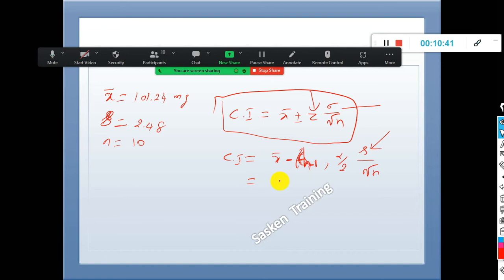So now what is my mean value? 101.24, minus t with n minus 1, this is my degrees of freedom. How do I find the degrees of freedom? You need to look at the t distribution table. Since I have worked in statistics for a long time, I know the value.